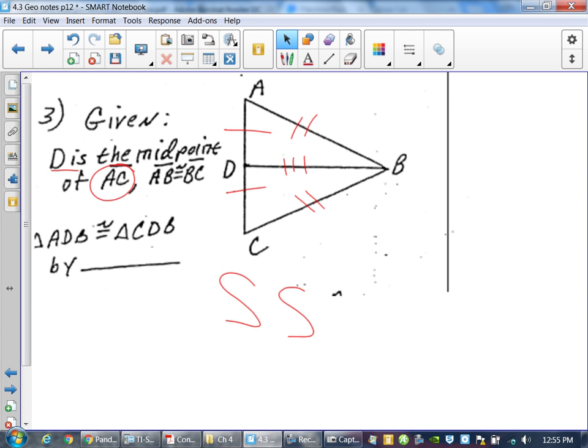Bisect. Somebody said bisect. I swear I heard someone say bisect. Okay, if you guys said reflexive, correct. No, reflexive is correct. So that means you wind up with side.